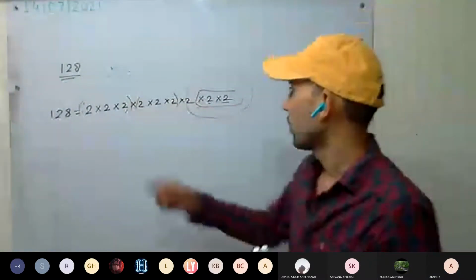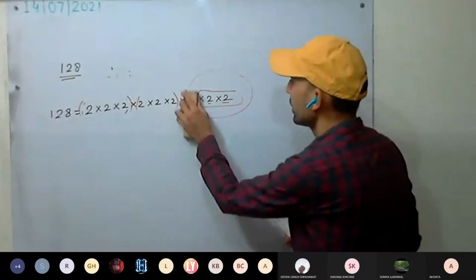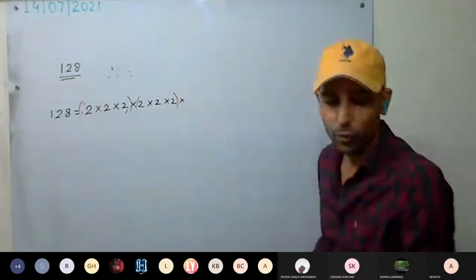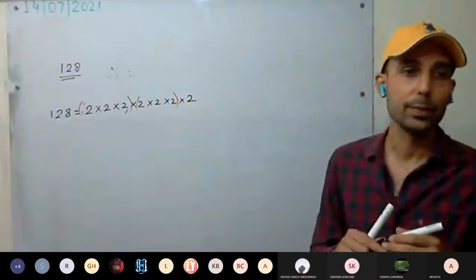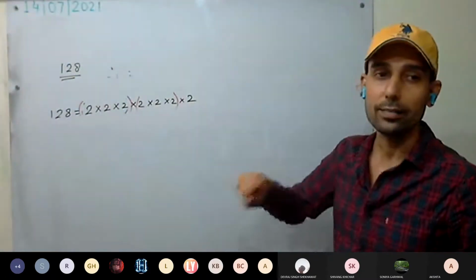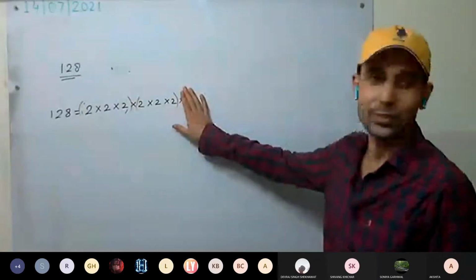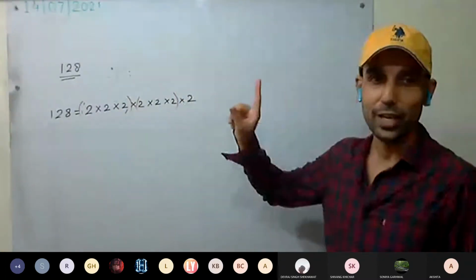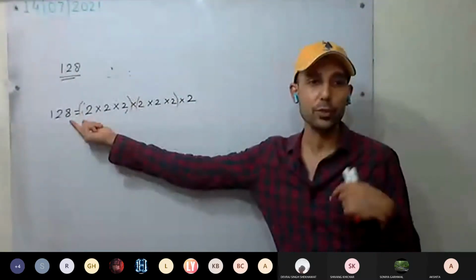Okay. Now the question is, by what number should it be divided to make it a perfect cube? Think and answer. By 2, we have to remove this 2. To make it a perfect cube, by what number should it be multiplied?